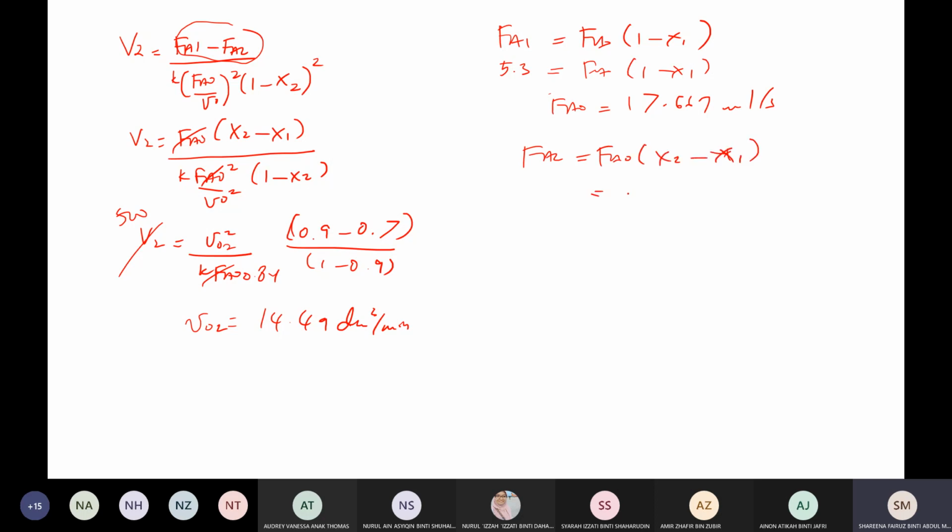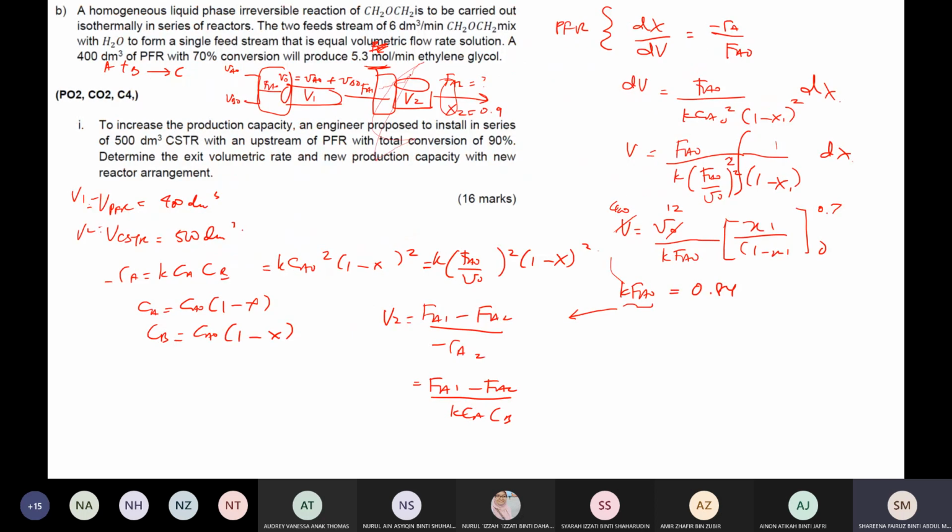So from here we get 3.5334 mole per second. So make sure when there is a question like this, you have to relate them with each other. You have to know how to use the information. So if you start here, you proceed to the next one so that you know what you can actually relate with number 1.